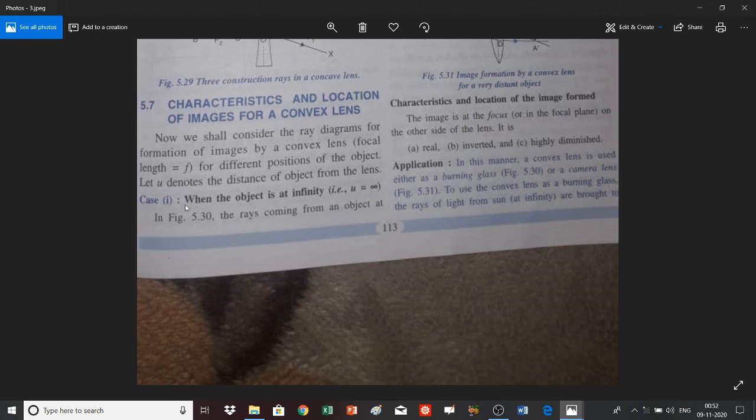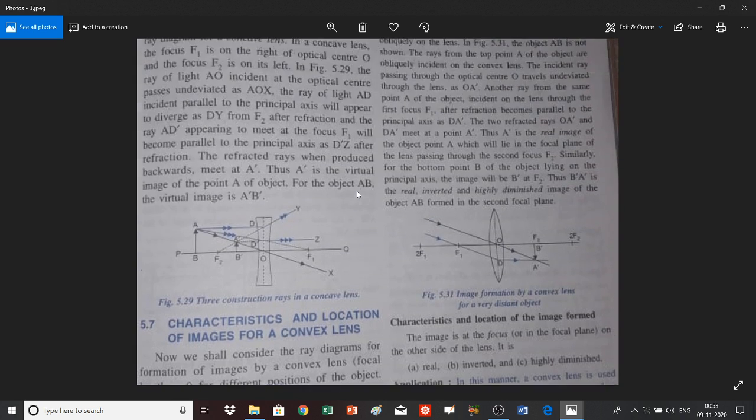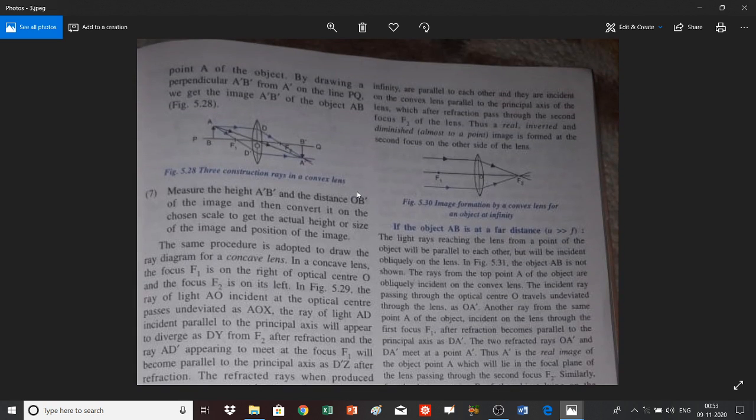Now the first one is case 1, when the object is at infinity, that is, u is equal to infinity. For example, consider the rays coming from the sun to a lens which you have. In that case the object is at a distance of infinity, and rays coming from an infinite distance are parallel to the principal axis of the lens.